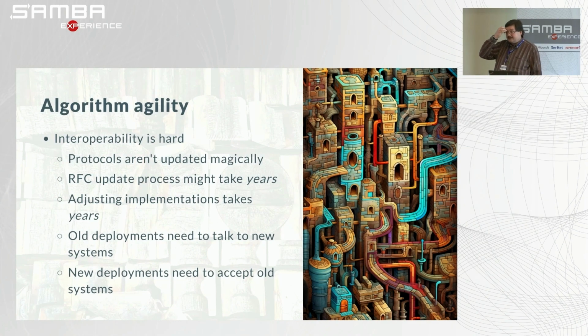The problem is that applications typically implement some protocols that have some definitions, and these RFCs for these protocols are extremely hard to update. The whole process is designed to review, take time, and agree on the things.